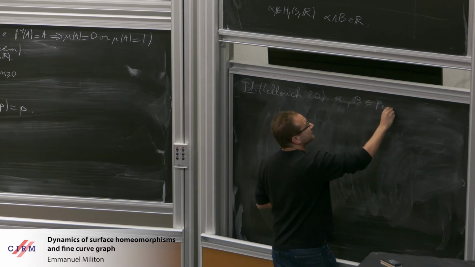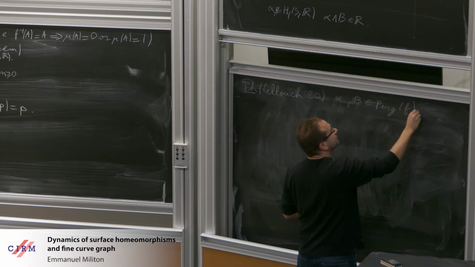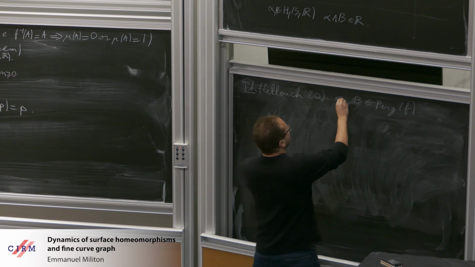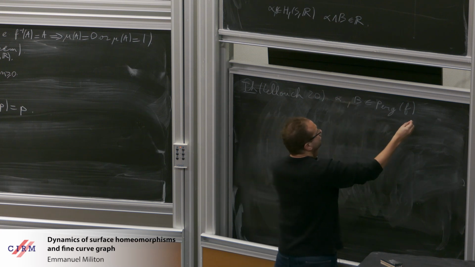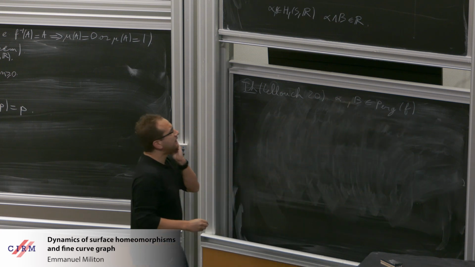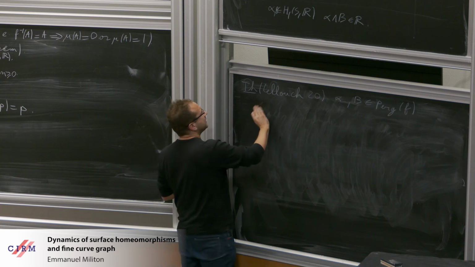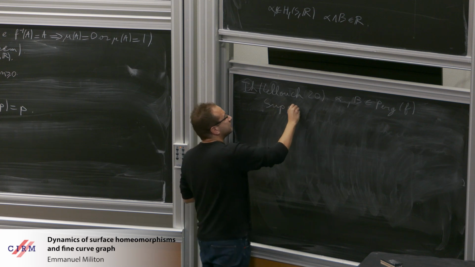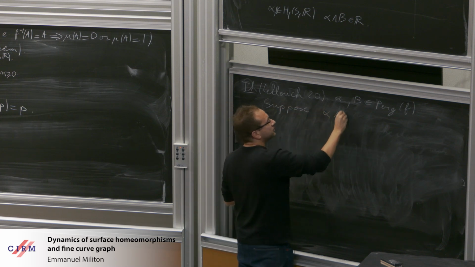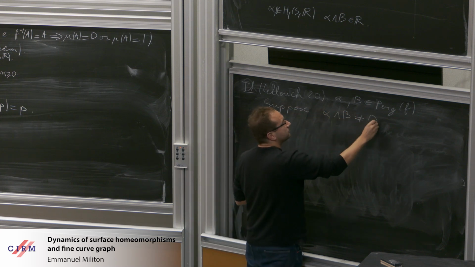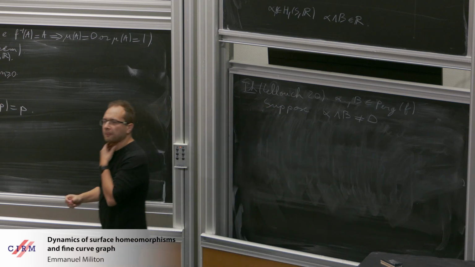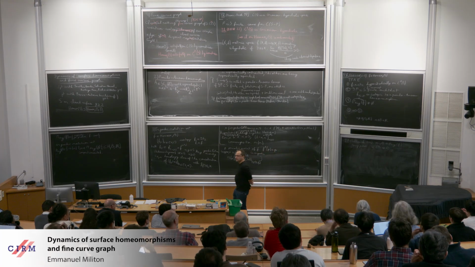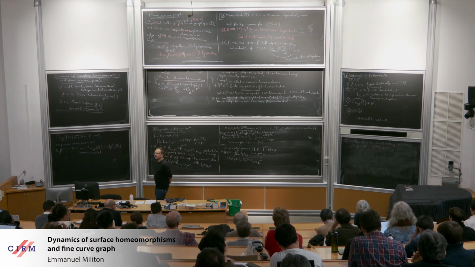So the theorem is like that. You take 2 elements of your ergodic rotation set, alpha and beta, and you suppose that their intersection is non-zero. Then this theorem will give you a lot of periodic orbits.